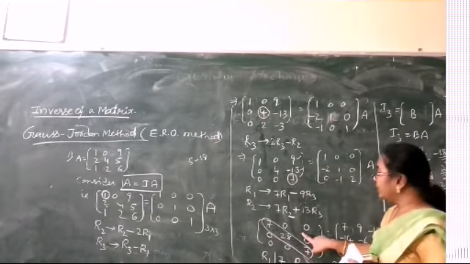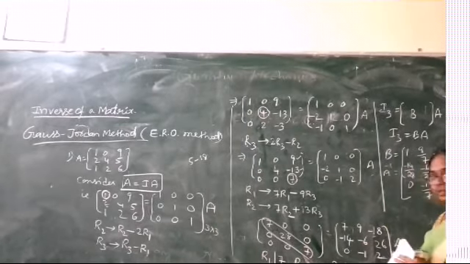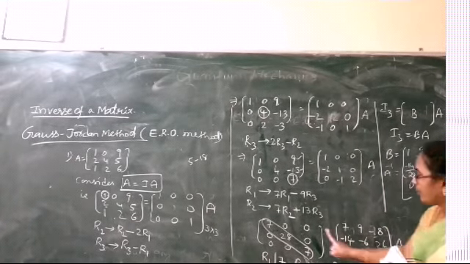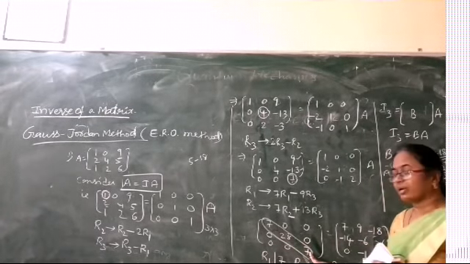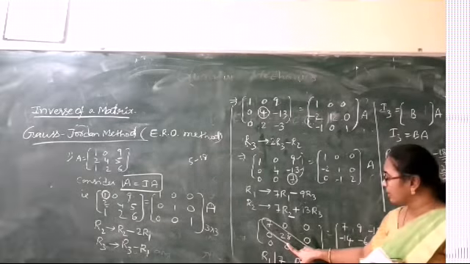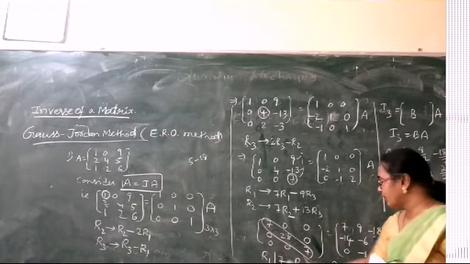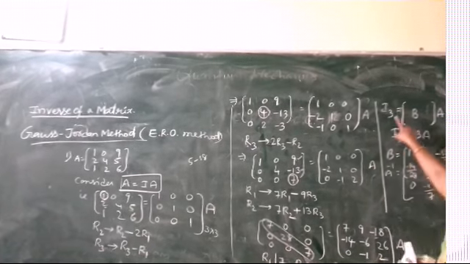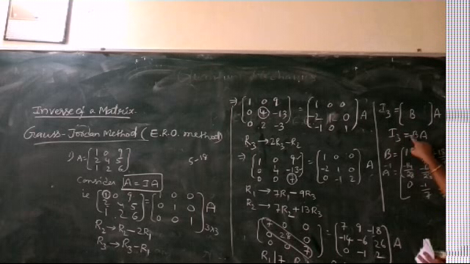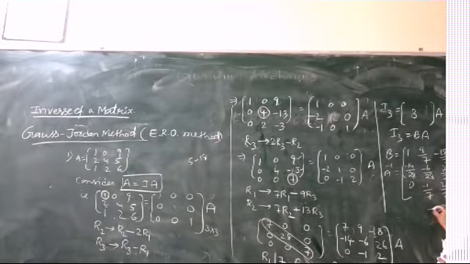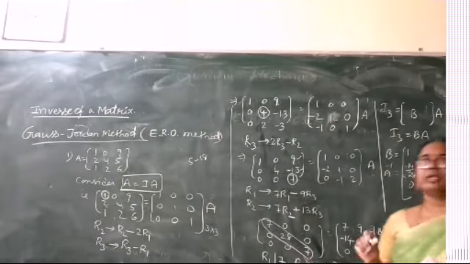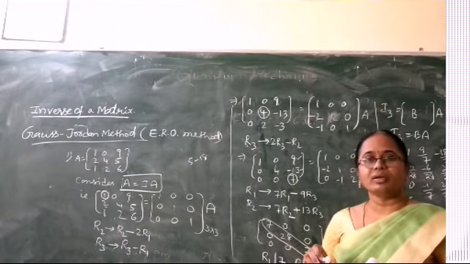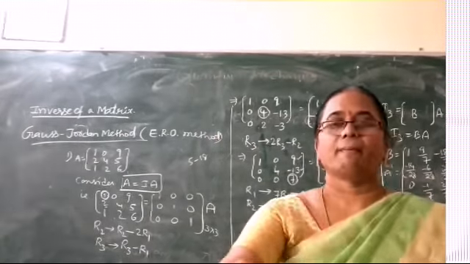We made it here, and this is the end of the third step. Because the left hand side is now a diagonal matrix, to make it an identity matrix we have again chosen the row divisions, and accordingly we have got the form I3 equal to B into A, wherein we call B the inverse of the given matrix. And this is our required inverse of the given matrix using the Gauss-Jordan method.